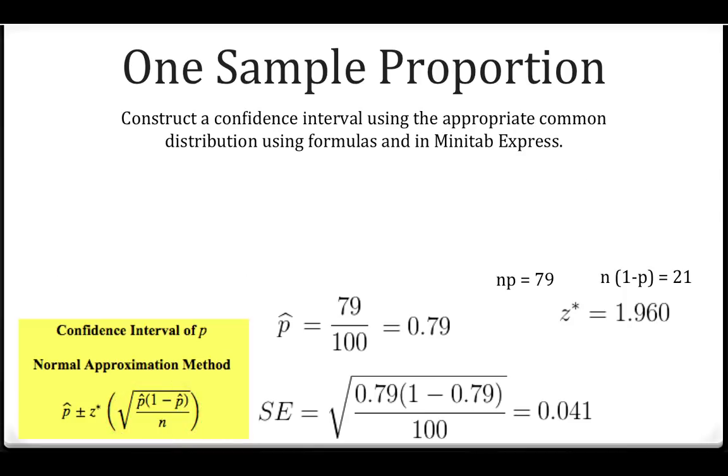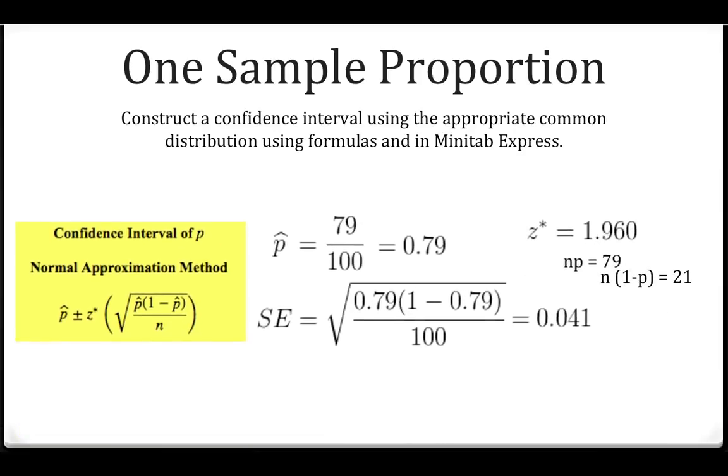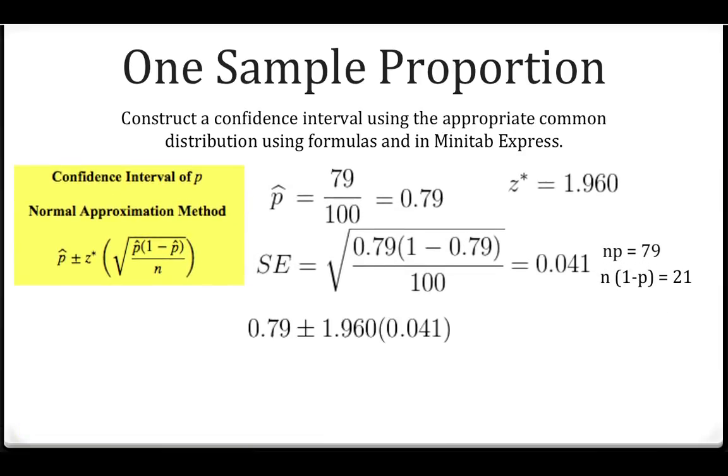Now we have all the values that we need to construct our confidence interval. P hat of 0.79 plus or minus our z multiplier of 1.960 times the standard error that we just computed.